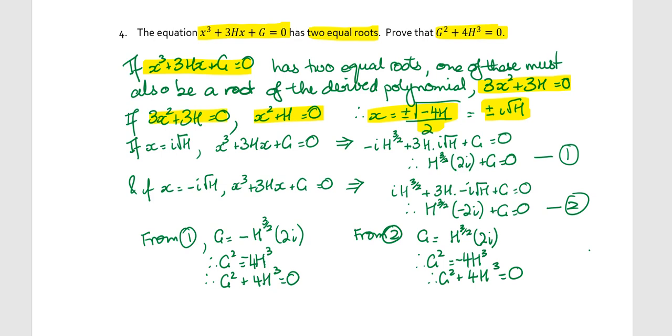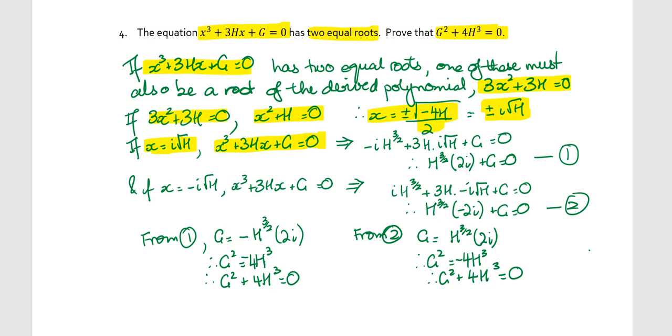Now, which one of these roots actually is the double root of this one up here? We have no way of telling. But if we plug them into our original equation, we can see what happens. So if we plug x equals plus i root h into our original equation, which was this, then what that implies is this.